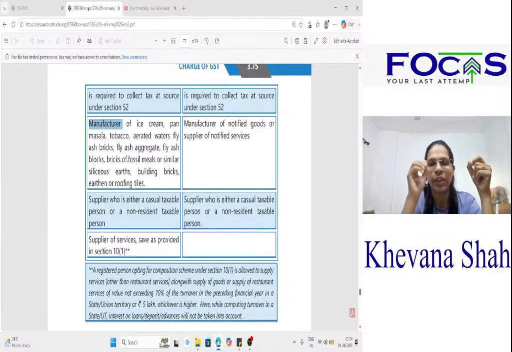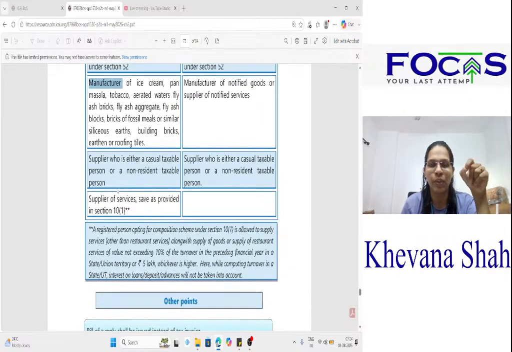to provide. Okay. So here, while computing turnover in a state or union territory, please remember this is a very important point, that while computing the turnover in a state or union territory, interest on loans, deposits or advances will not be taken into account. So you don't need to add the interest on loans, deposits and advances when you are computing your turnover.